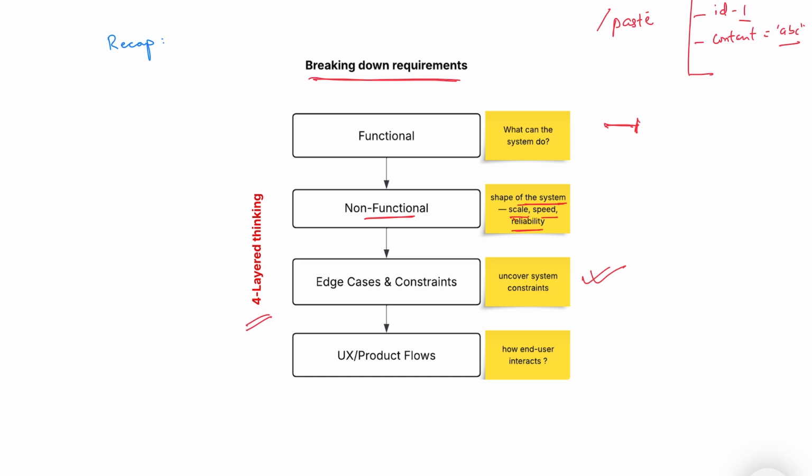We ask the right questions about what edge cases can arise in our system architecture, and that can help us uncover system constraints. Finally, and the most important, is thinking about the human touch on the system: the UX and product flows, how the end user interacts, and how we can make using the system a very good experience for the end user. Correct.